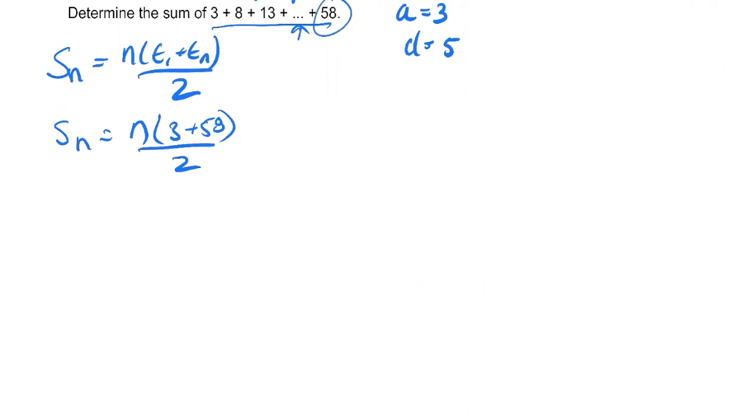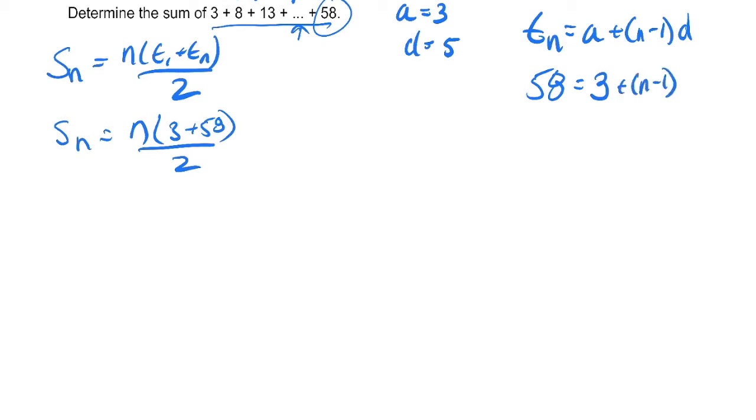So we go back to the general term for an arithmetic sequence, t of n is a plus n minus 1 times d. We know that t of n is 58, because that's my nth term. We know the first term is 3. We don't know what n is.